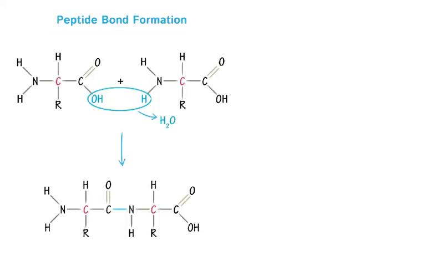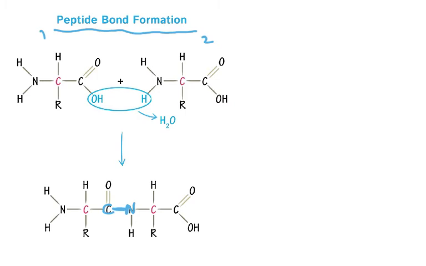Let's try to understand how two amino acids join together and form a peptide bond. So this is peptide bond formation. You can see water exiting, and this is the peptide bond between the carbon and the nitrogen. So this would be a dipeptide. Why? Because there are 2 amino acids in it, just like we had disaccharide.